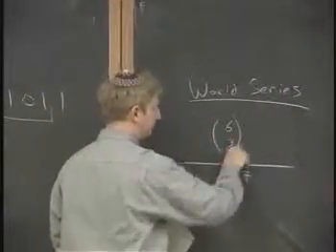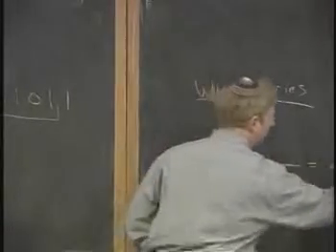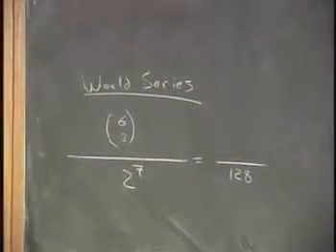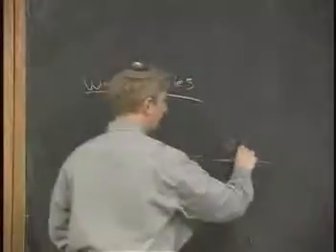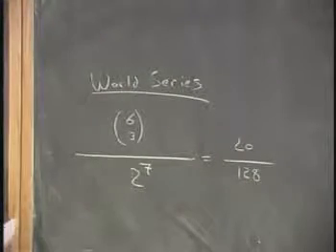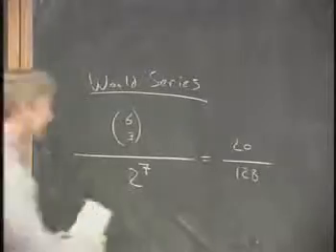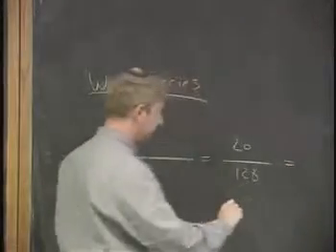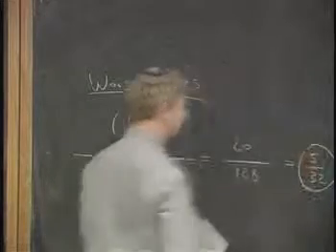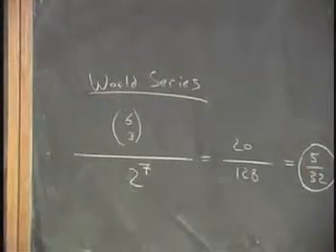So 6 choose 3 is it. Let's calculate this. The bottom is 128, and the top is 20, right? I think that's right?